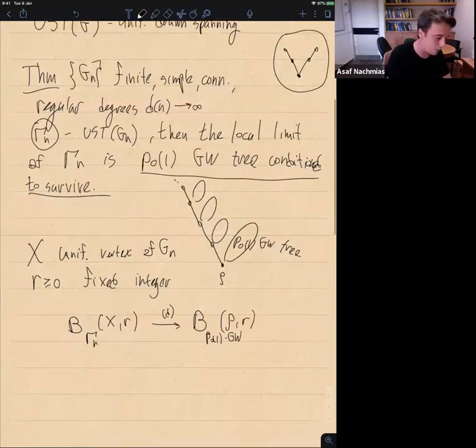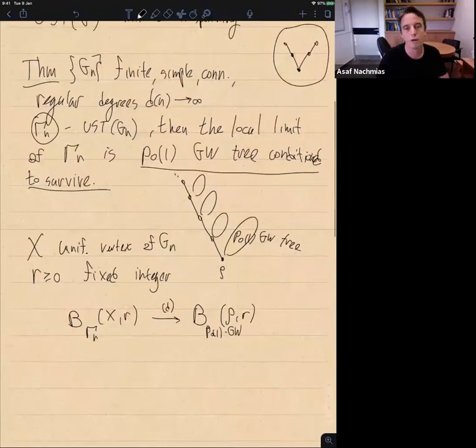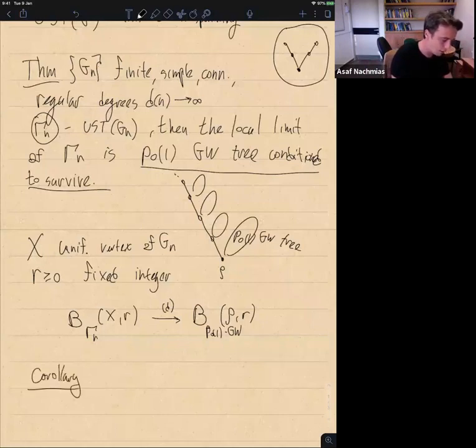So for instance, what this theorem tells you is that if you start from a sequence of regular graphs with degrees tending to infinity, let's just think, for instance, of the hypercube, or the complete graph, as an example, the corollary that we get is that the number of leaves is asymptotically, with high probability, what?